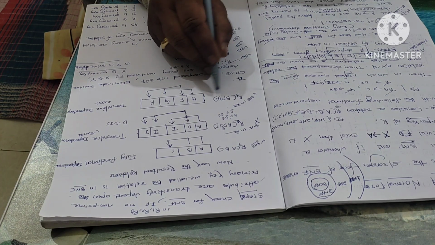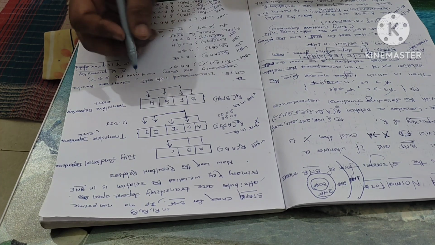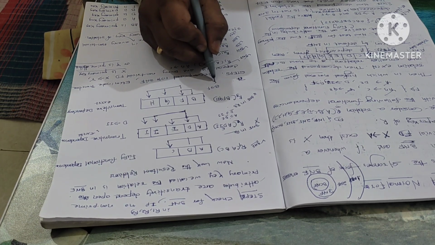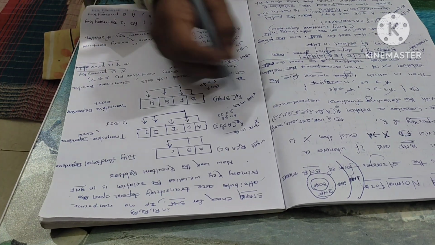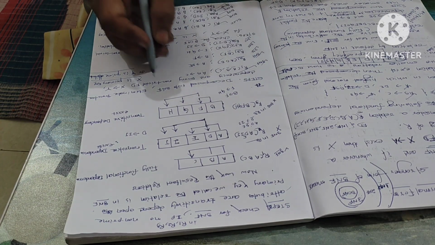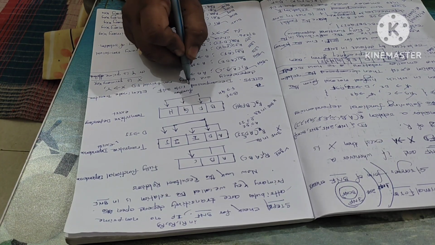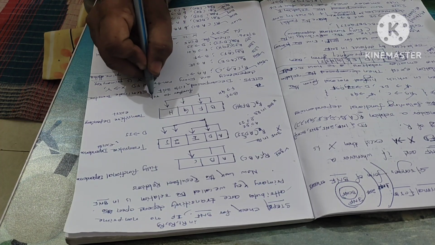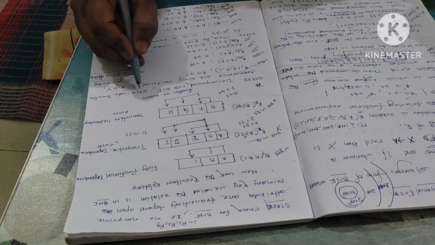Now coming to BFGH, the attributes in relation R3. Here B determines F and F determines GH. So there is a transitive dependency and it is not in 3NF. Now what do I have to do in that case? Decompose further to retain 3NF.